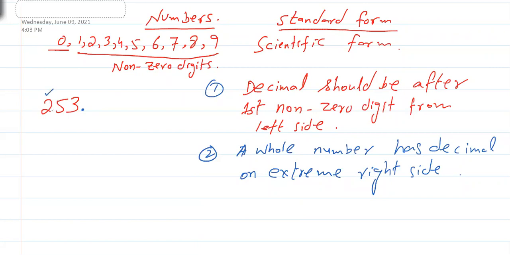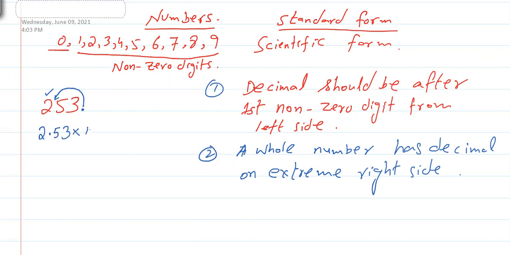This is the first non-zero digit from the left side. So you have to shift the decimal from here to here. So it will become 2.53.